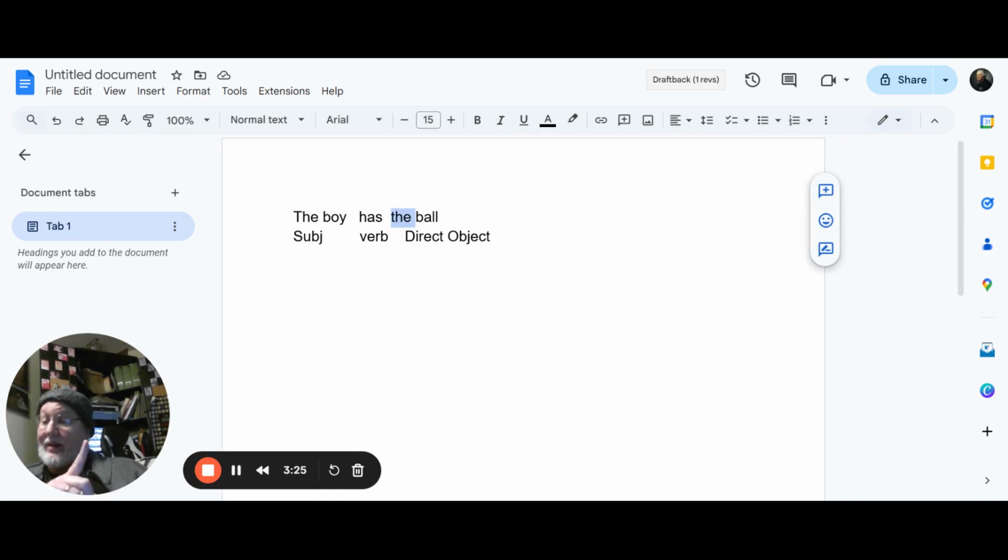But in German, it does. In German, you have three articles. You've got der, which is the masculine article, die, which is the feminine article, and das, which is the neutral article. Der, die, and das.